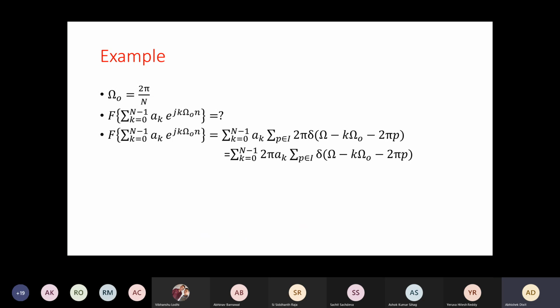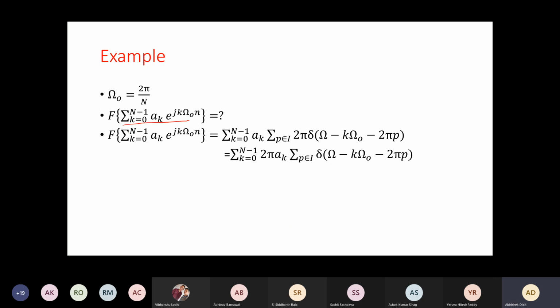Now suppose, so this is slightly advanced in the sense that we have not looked at DTFS, discrete time Fourier series, as of yet. So you have to believe me because eventually we will look at it. So suppose I have a signal like this.